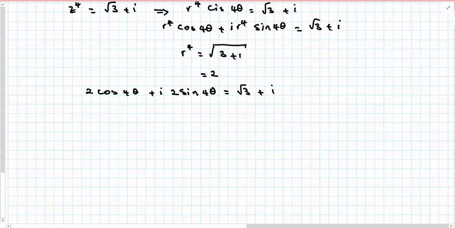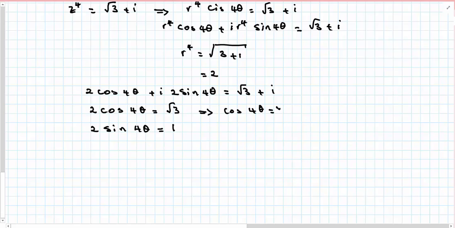Now I can equate my real and imaginary parts of the complex number. 2 cos 4 theta is equal to root 3, and 2 sine 4 theta is equal to 1, or cos 4 theta is equal to root 3 on 2, and sine 4 theta is equal to 1 on 2.